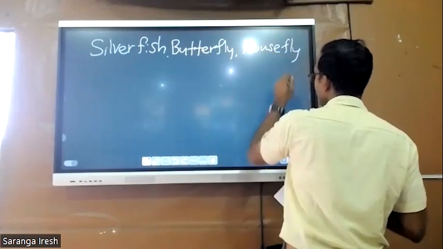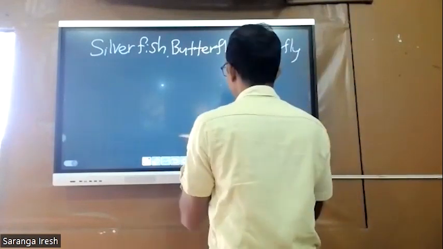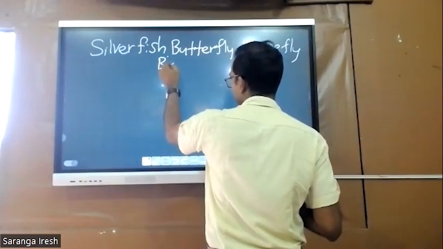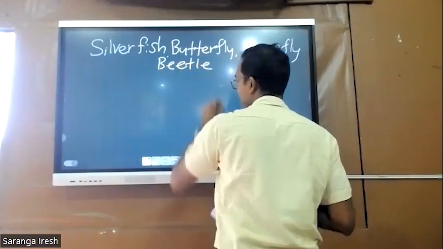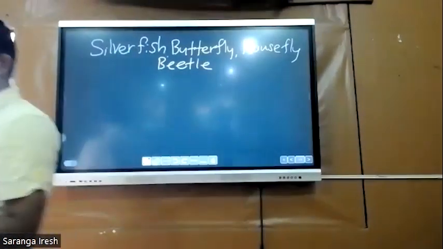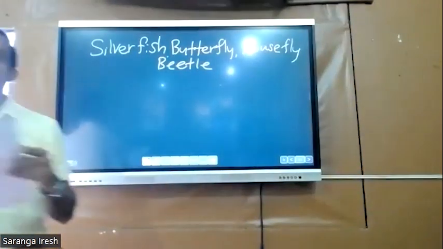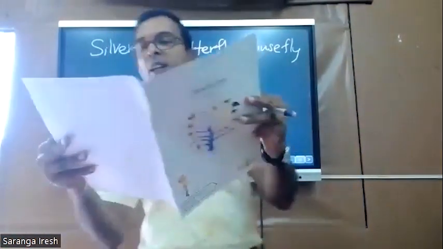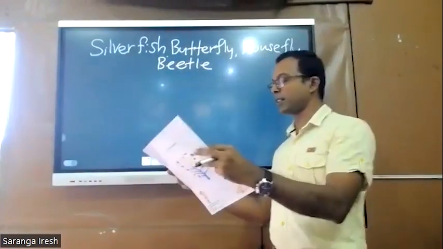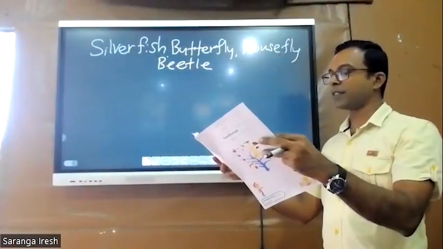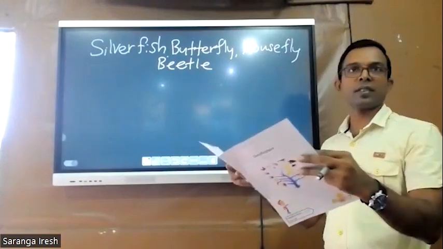Housefly, what is the other one? Beetle. Then here, what are the first two descriptions to use to separate these two? Possesses wings, do not possess wings.